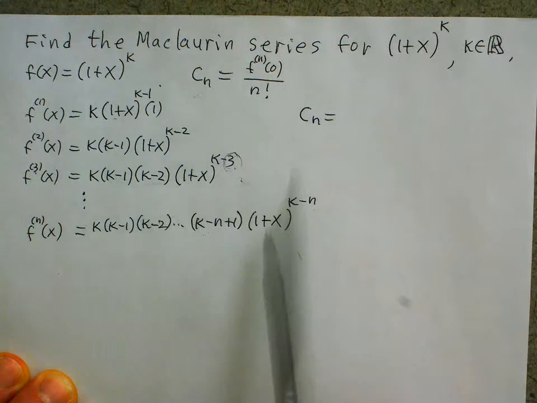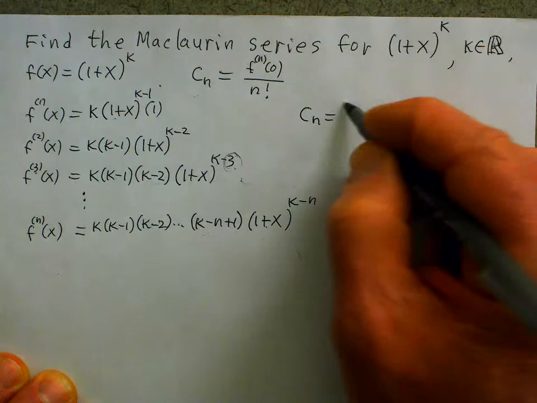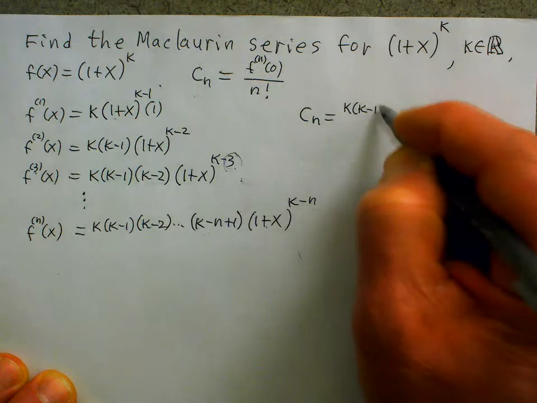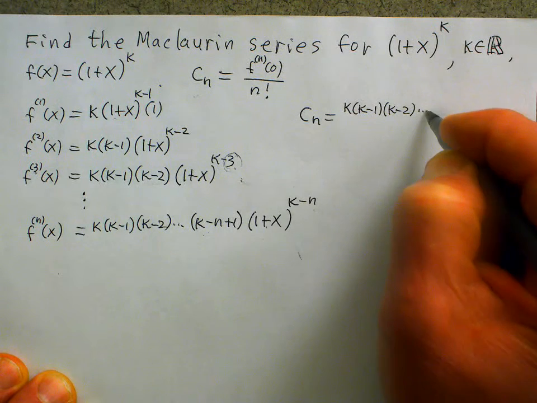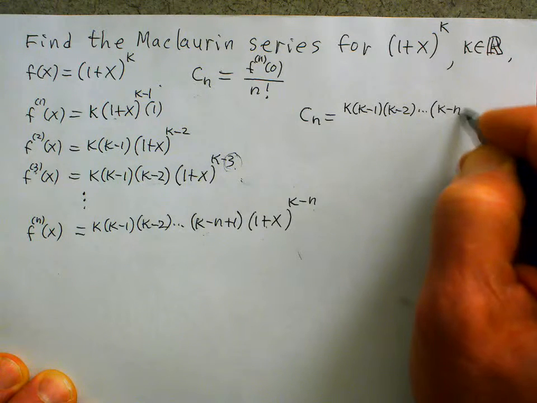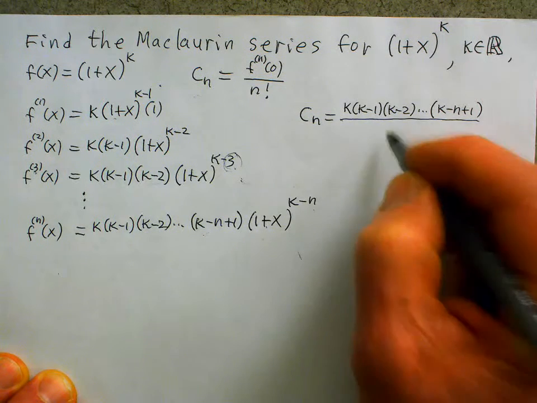So when x is 0, this term just becomes 1. And so we're just going to be left with k times k minus 1 times k minus 2 and so on. And the last factor is k minus n plus 1. And we're dividing it all by n factorial.